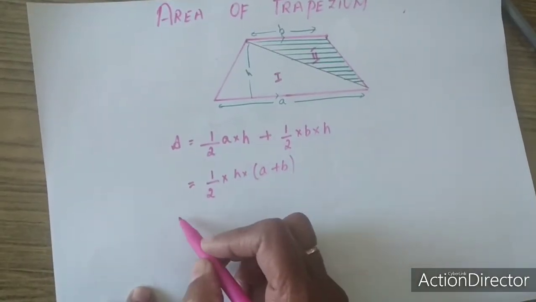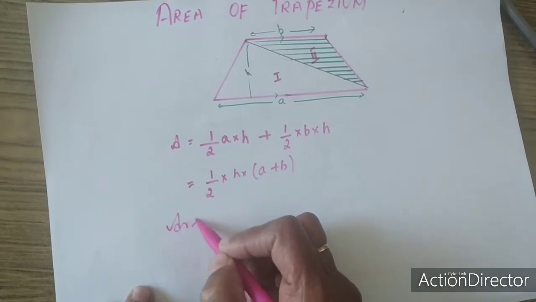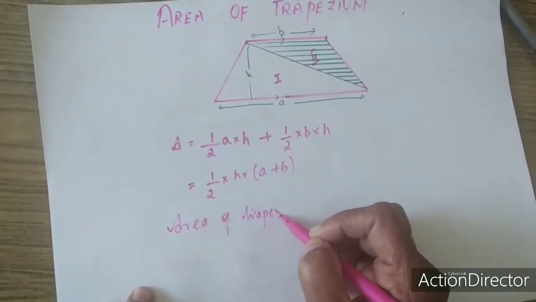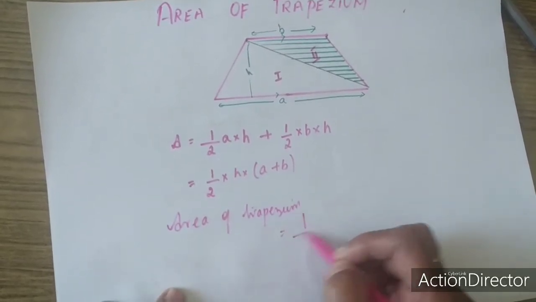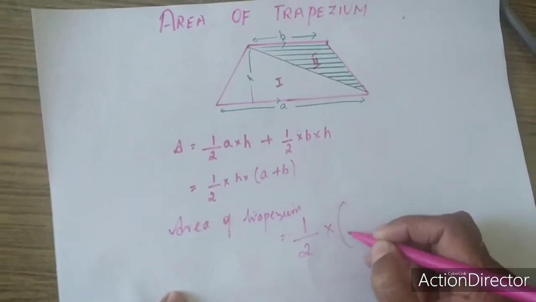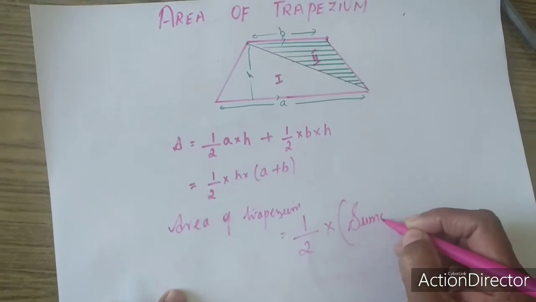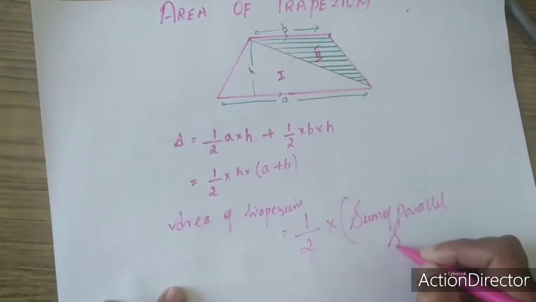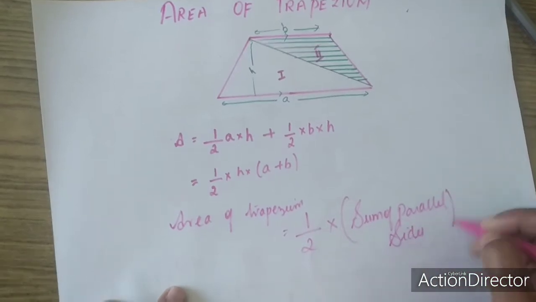So the area of trapezium is equal to half into sum of parallel sides into height.